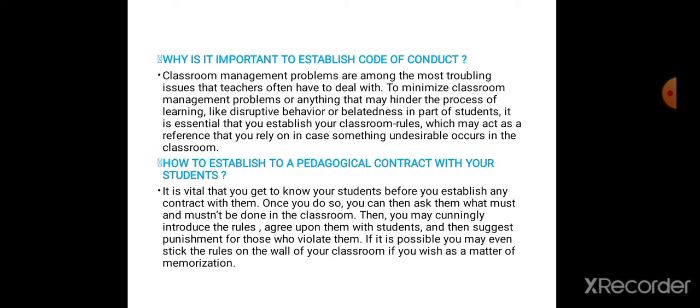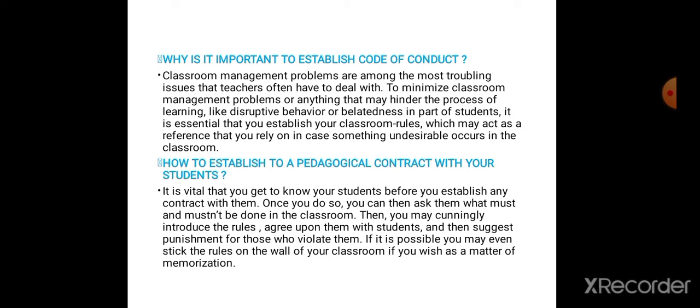The second thing: how to establish a pedagogical contract with your students. The answer to this question is that it is vital that you get to know your students before you establish any contract with them.